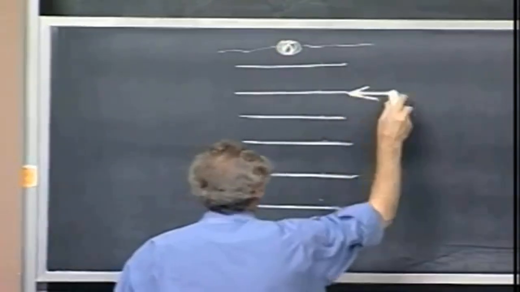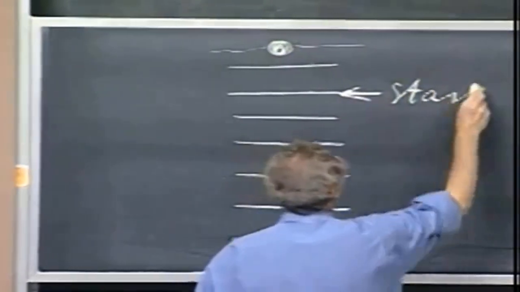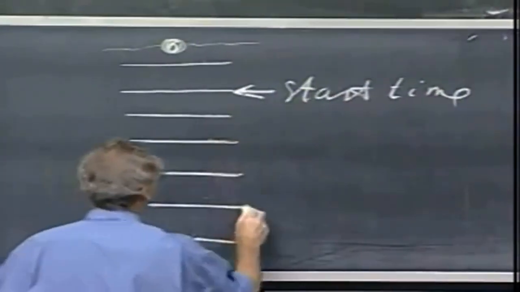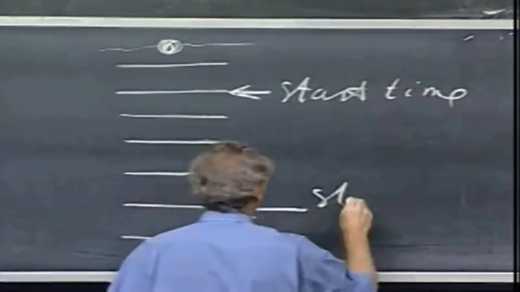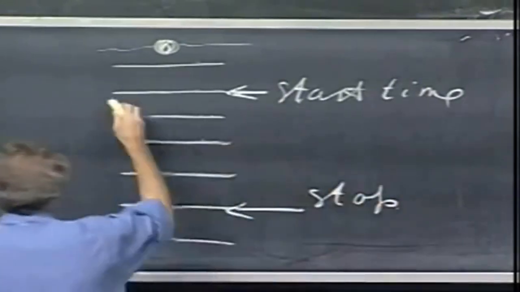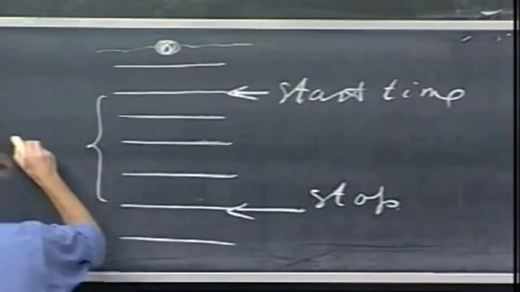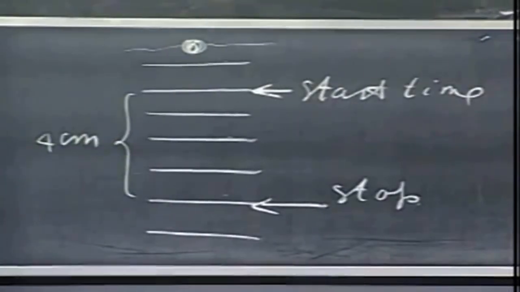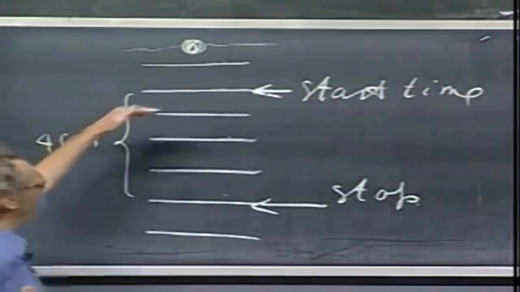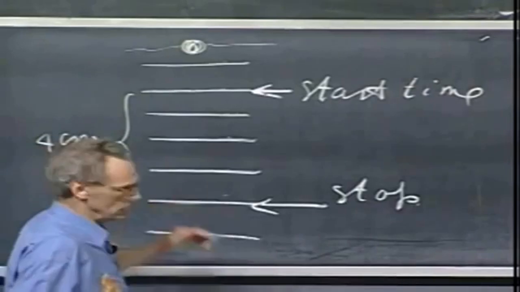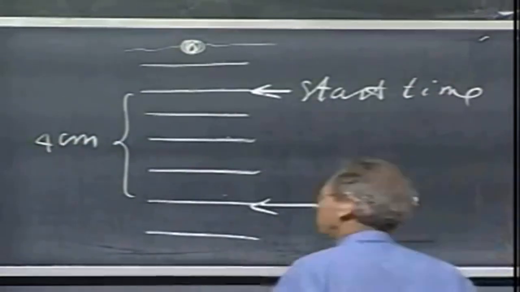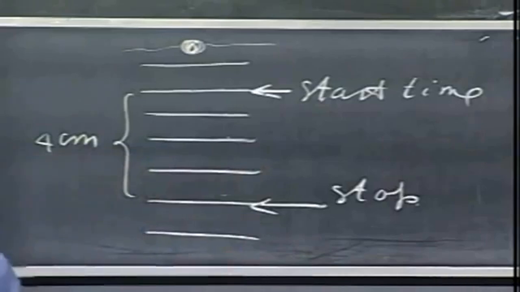When it reaches this line, I will start my timer. And when it crosses 1, 2, 3, 4, when it crosses this line, I will stop my timer. And each mark is about 1 centimeter apart, so this is a journey of about 4 centimeters. And we will measure the time that it takes to go from here to here. And the terminal velocity is given. It's clearly regime 1, so you see the terminal velocity right there.